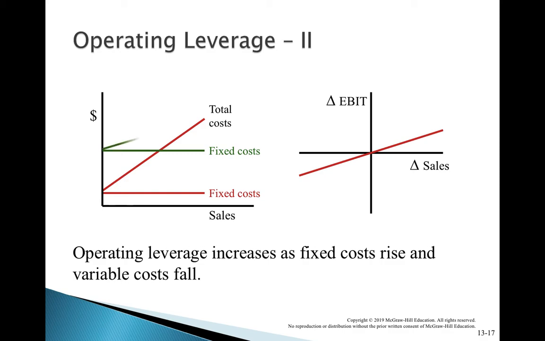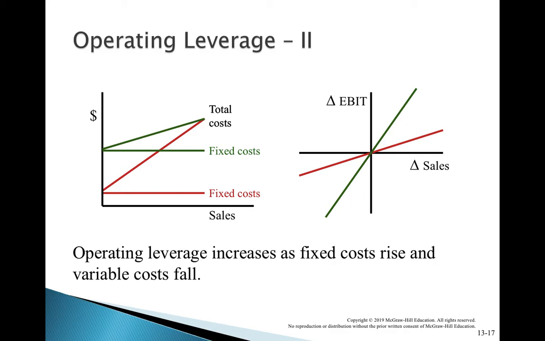Now, there is a green line, there is a red line. Both are fixed cost lines. We have taken two examples in the previous slide, A and B. A has high fixed cost, B has low fixed cost. So A will be like the green line.